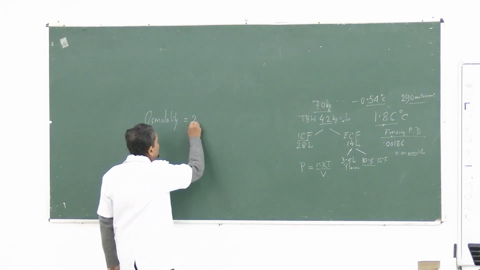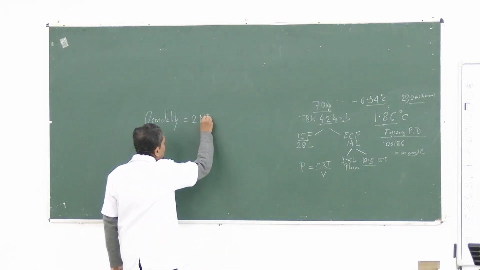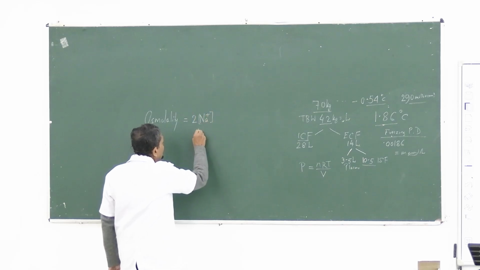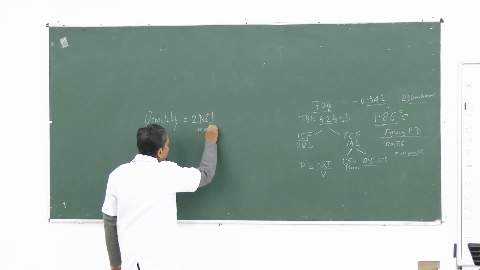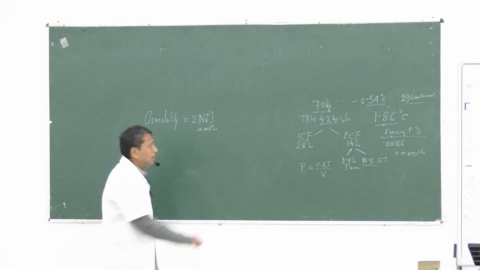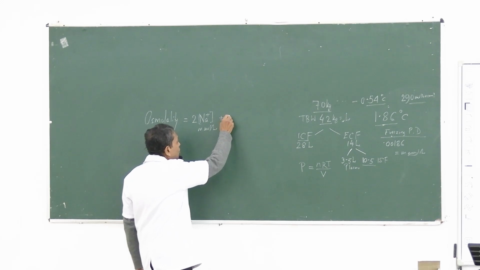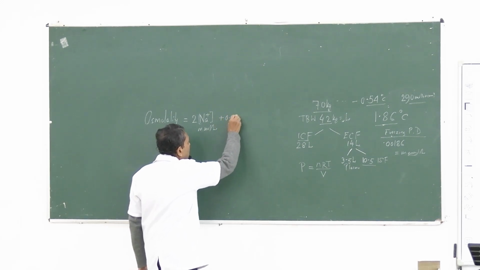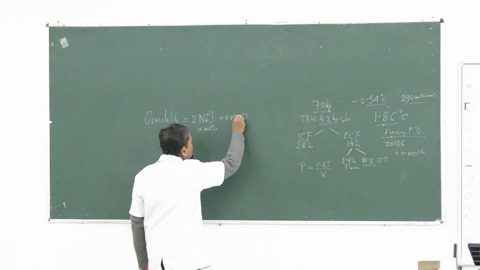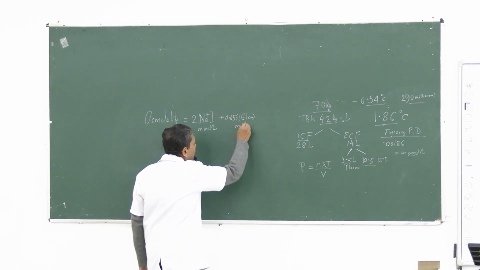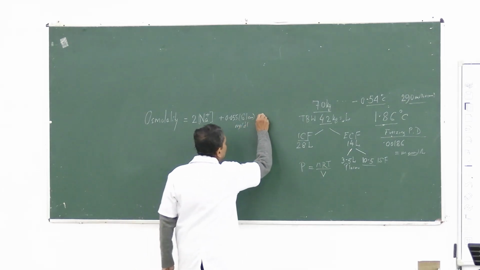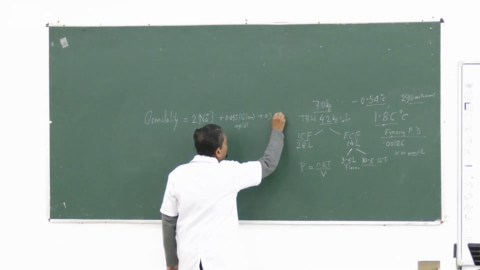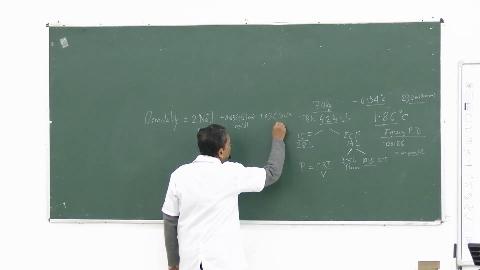So you have to take the sodium concentration in milliequivalent or millimole per liter, plus a constant 0.055 into glucose concentration in milligram per deciliter, plus 0.36 into blood urea nitrogen in milligram per deciliter. It is expressed that way in the laboratory.